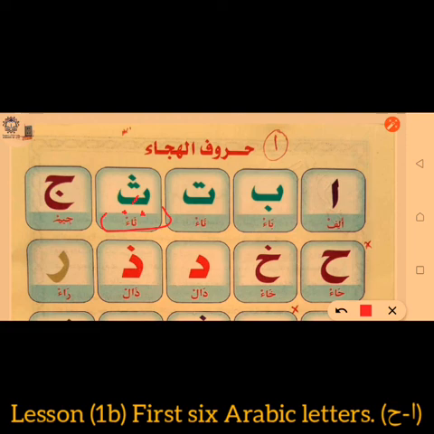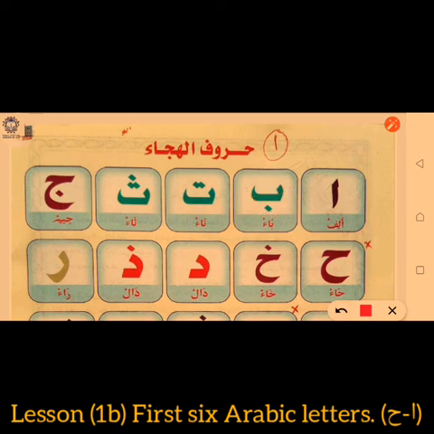So these 3 letters, they look alike. The distinction they have is the dot. It's the dot that distinguishes them. Like Ba, it has a dot under it. So we should know that whenever we see something placed like this and it has a dot under it, that is Ba.